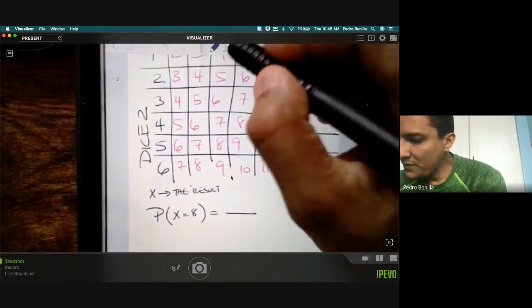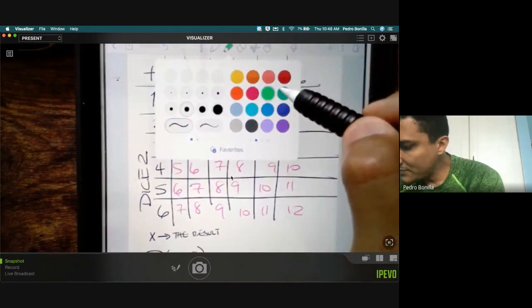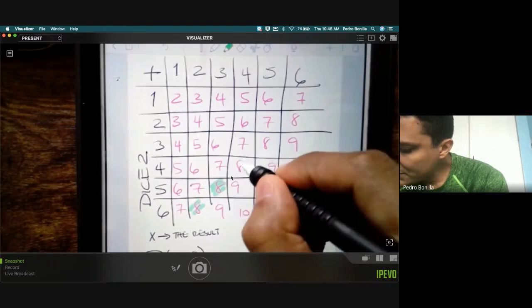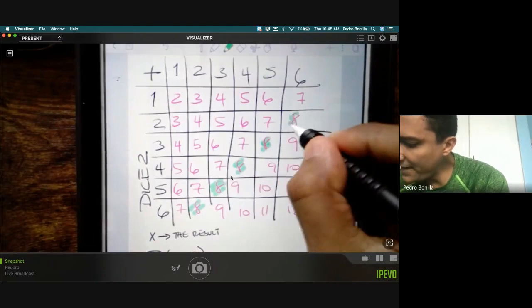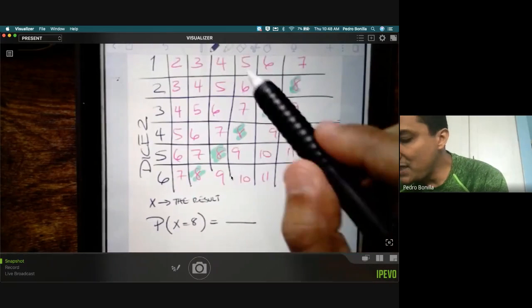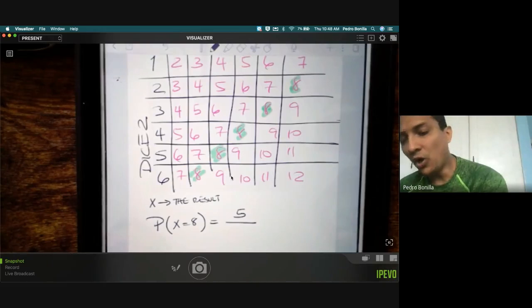So if you notice, that is labeled clearly here. 1, 2, 3, 4, 5. So we can get an 8 in 5 different forms. So it's 5 out of the total.